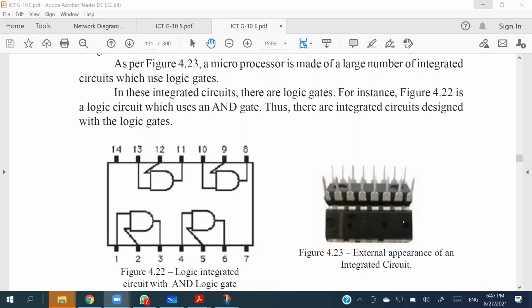So what we can do is, by using these integrated circuits, we can program these things by using several different programming languages, right? One of the famous ones is Arduino, right? So we can use the Arduino programming language to program this kind of an IC.